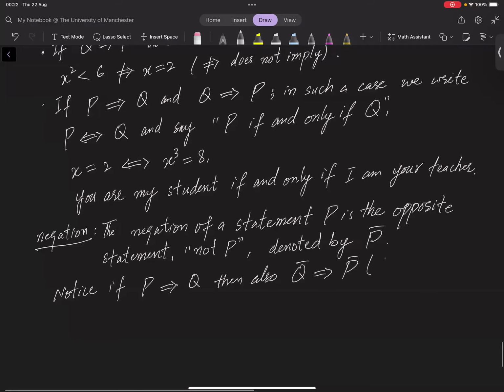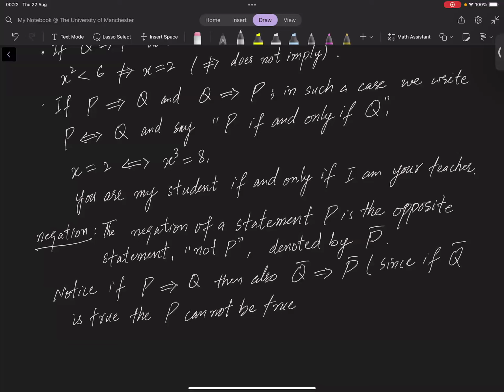Since if Q bar is true, then P cannot be true, as P then Q.